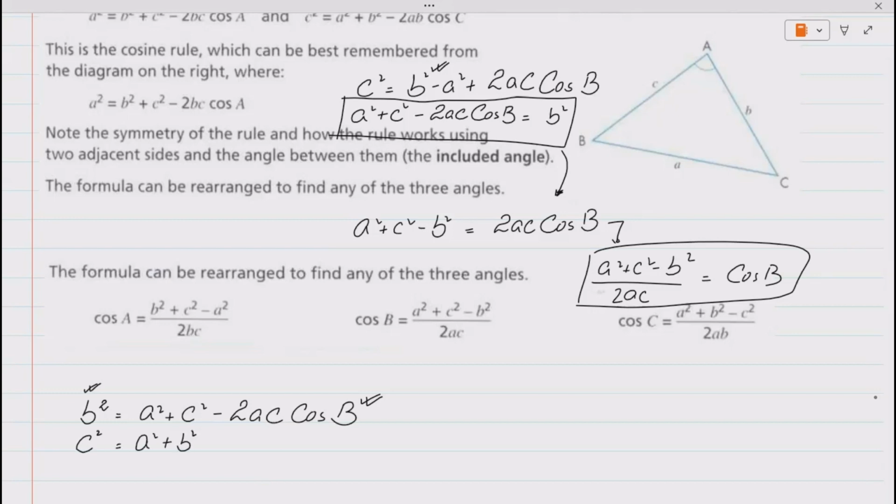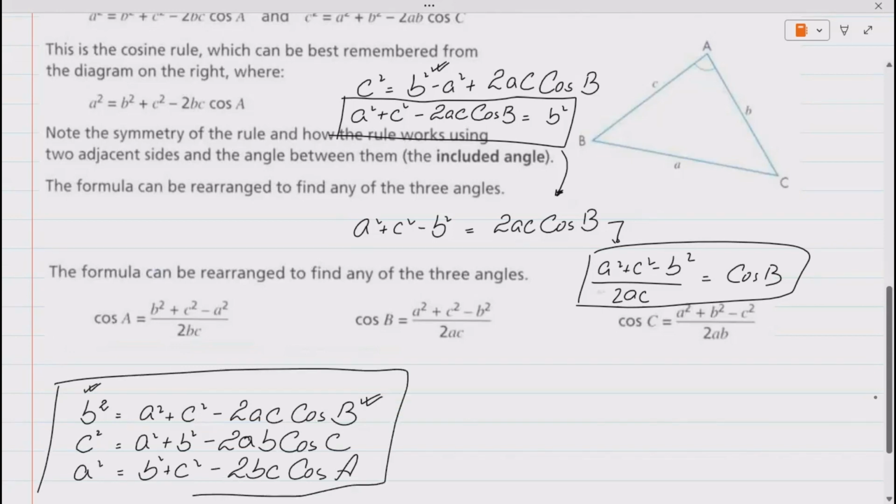Because in b square we have a and c, and in c square we have a and b, minus 2ab cos c. This is another formula. Now a square is equal to b square plus c square minus 2bc cos a. So these are three formulas of law of cosine, and we can use them according to our question.